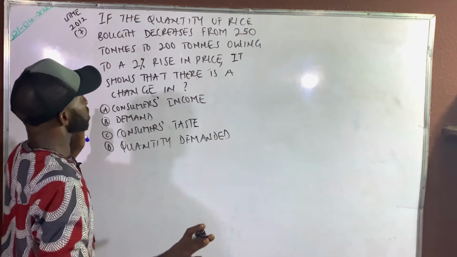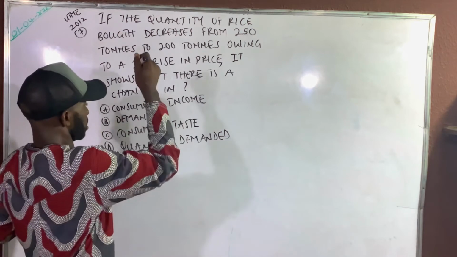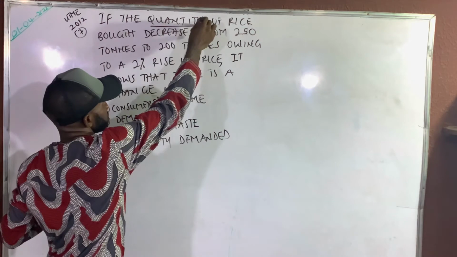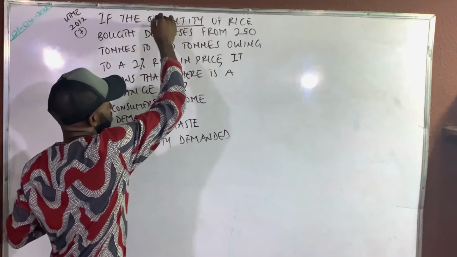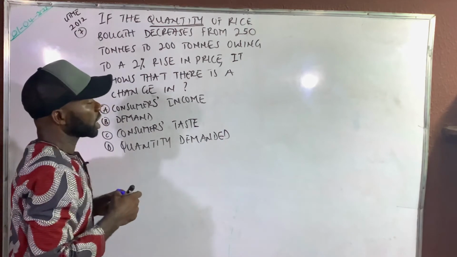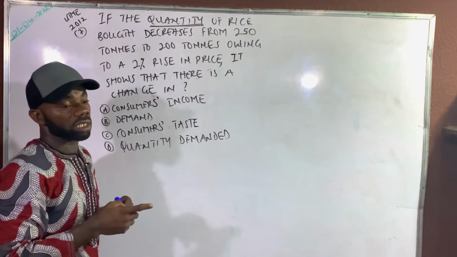One of the things you need to understand is the word quantity demanded, or the quantity of rice, shows that we're dealing with change in quantity demanded.